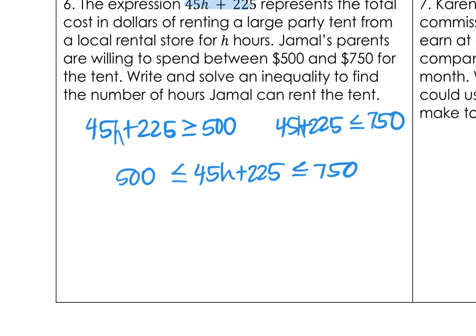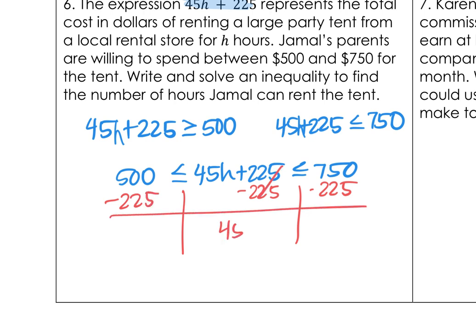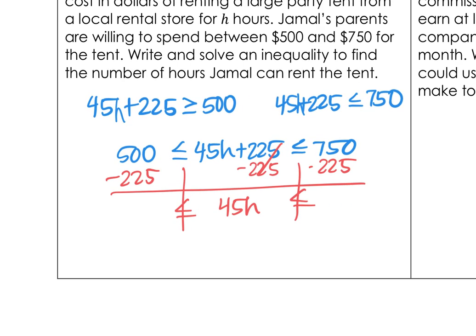And now we use all of our knowledge of solving inequalities, and we subtract that 225 from both endpoints. So that I have 45h in the middle. 500 minus 225 is what? 275, and then 750 minus the 225.